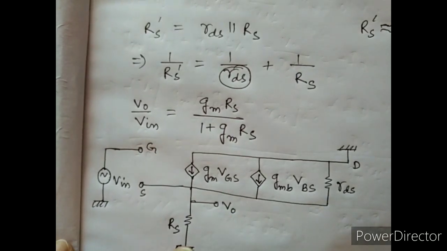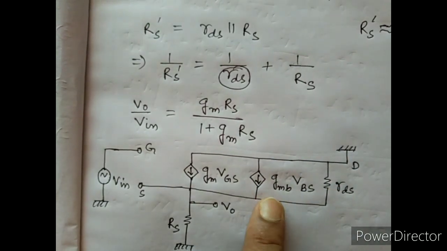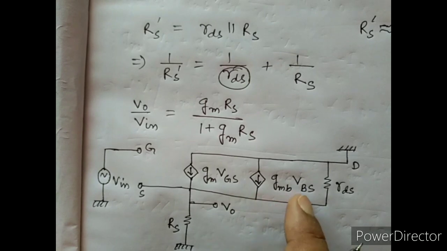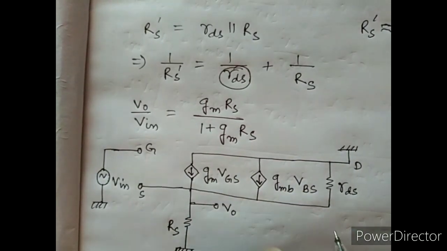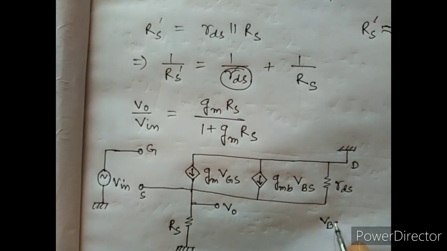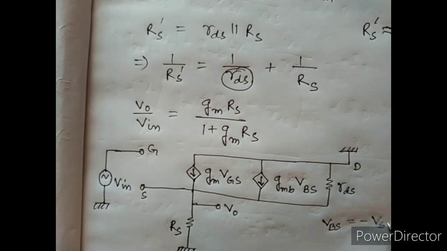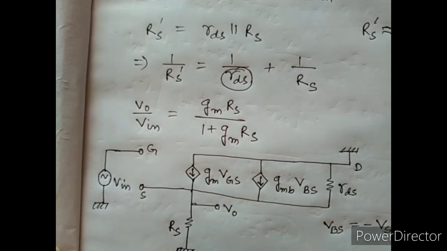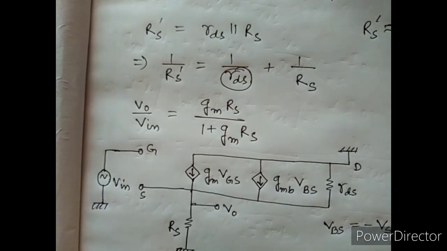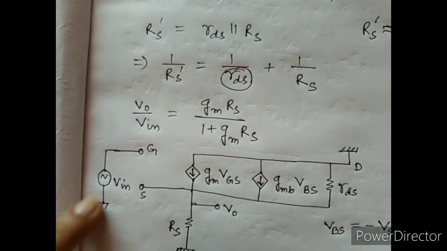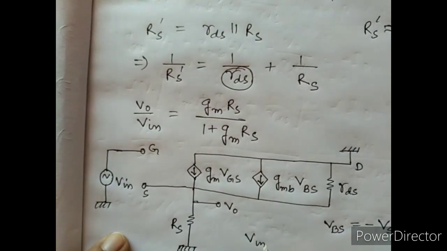Now if you consider the body effect, then another dependent current source will come across, that is gmb VBS. Now VBS is equal to minus VSB. Now if we find out this circuit from the previous case, we also write Vin.